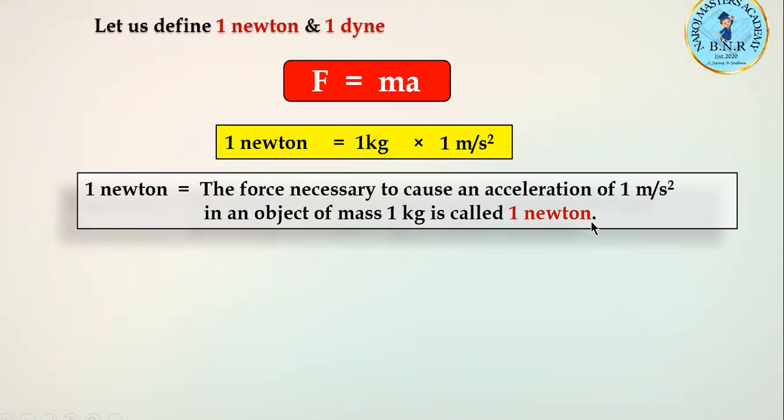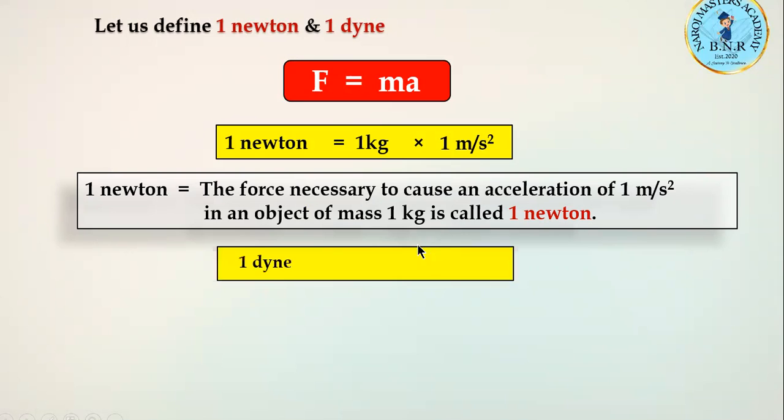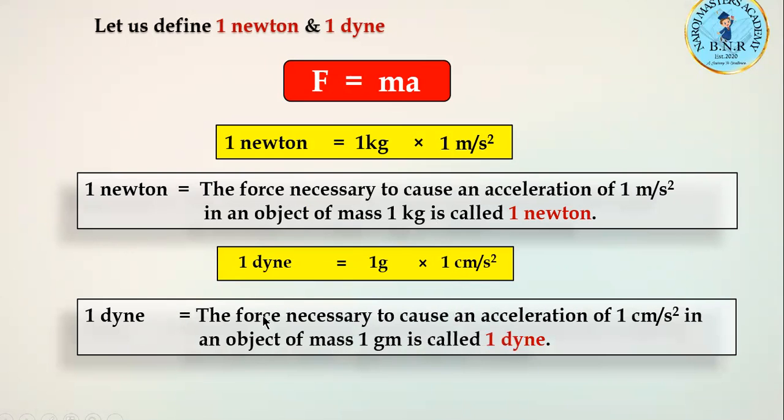Whereas 1 dyne is equal to 1 gram into 1 centimeter per second square. Thus 1 dyne is the force necessary to cause an acceleration of 1 centimeter per second square in an object of mass 1 gram.